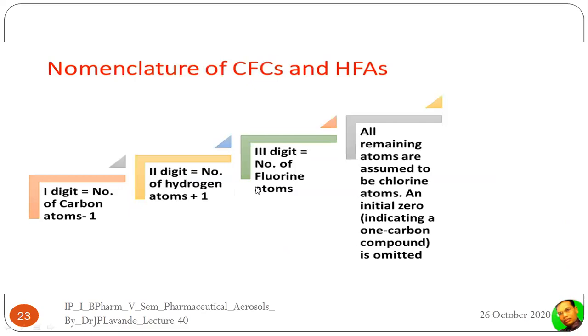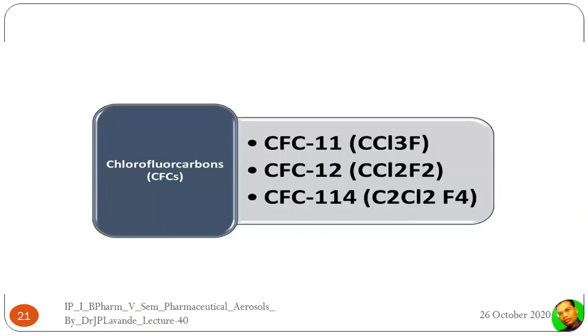Now, as far as the nomenclature is concerned, on what basis is this numbering system given? The first digit is the number of carbon atoms minus 1. If you see this example, CFC-11, it is trichloro-fluoro-methane. Methane contains only one carbon atom, right?